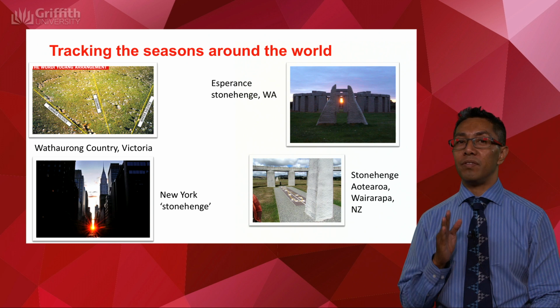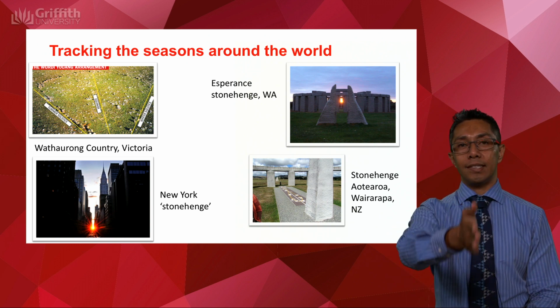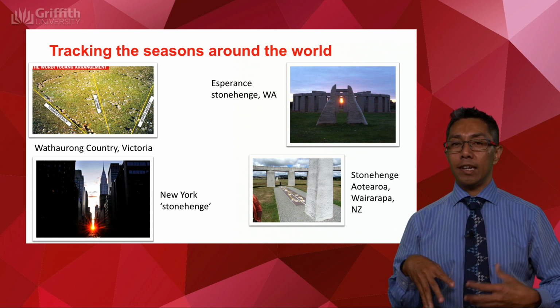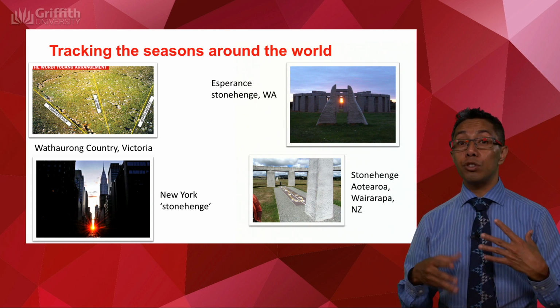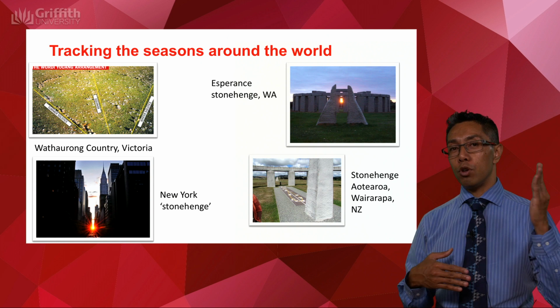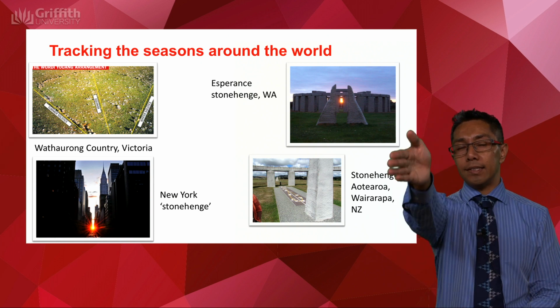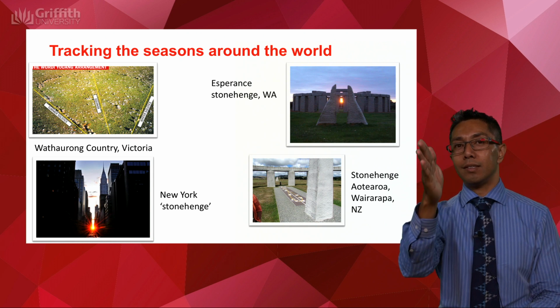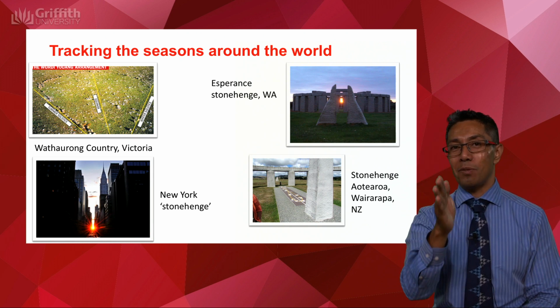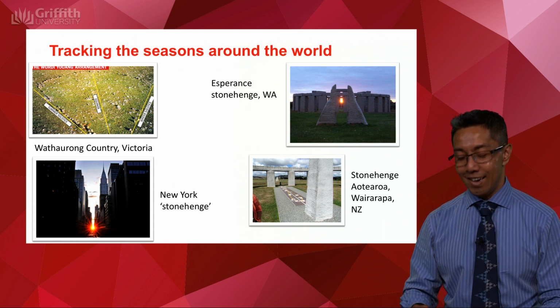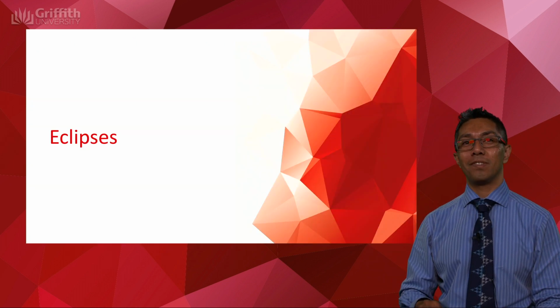So at certain times of year, if you stand at the right place, the sun is rising directly down that line. And here on the Gold Coast campus, there are certain times of the year when you're driving along Smith Street in the afternoon, and the sun is right in your eyes as you're heading west along Smith Street. So you can almost consider that the Gold Coast Stonehenge. Yeah?